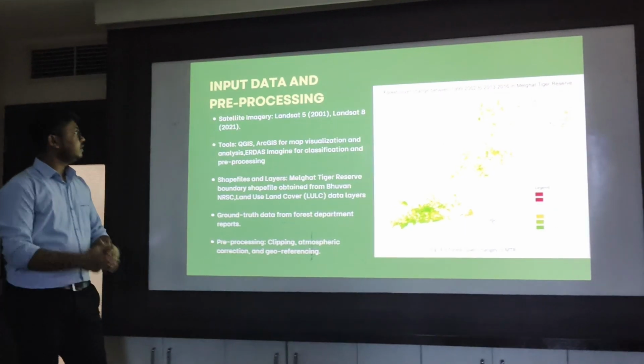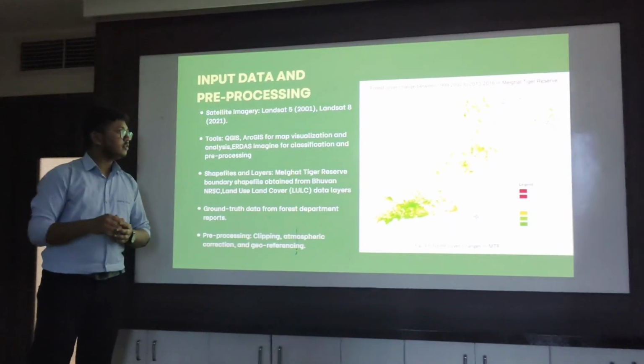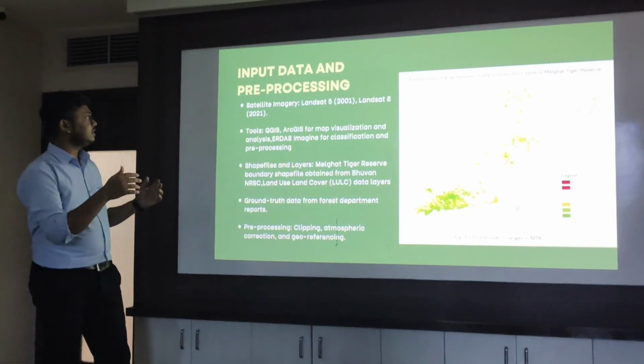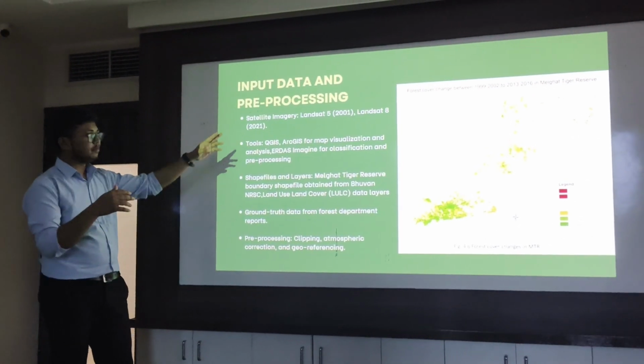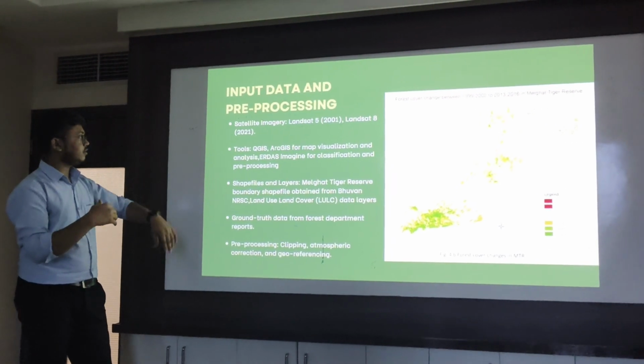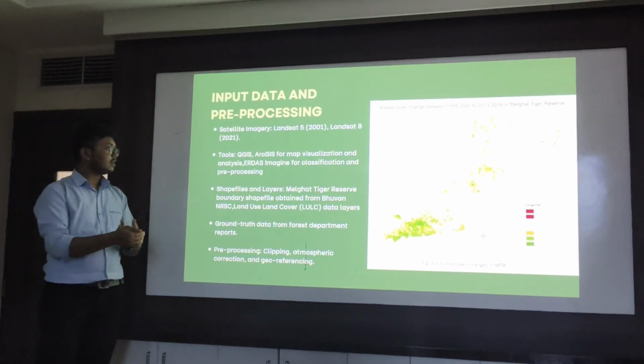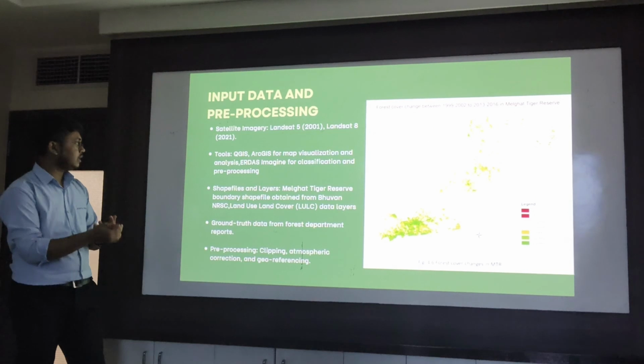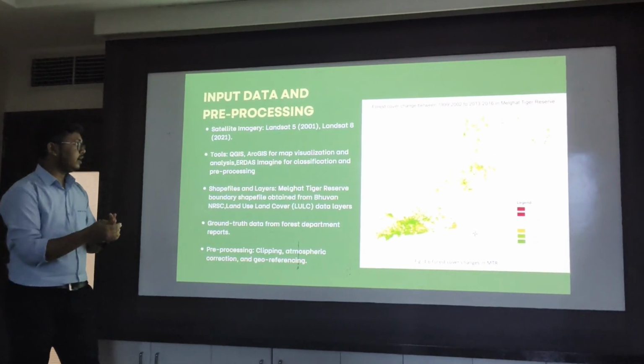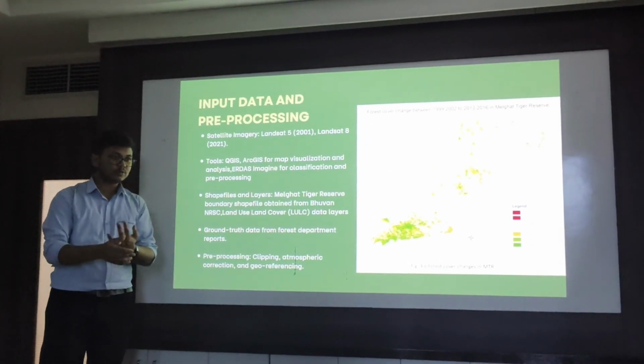Next. Then input data and pre-processing. The input data is the satellite images of Landsat 8 and Landsat 5. After that, the tools we are using are QGIS and ArcGIS for map visualization, as well as ERDAS Imagine for classification and pre-processing.